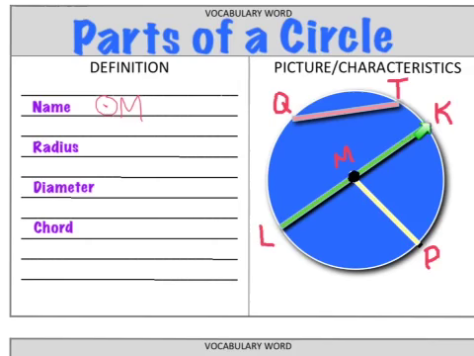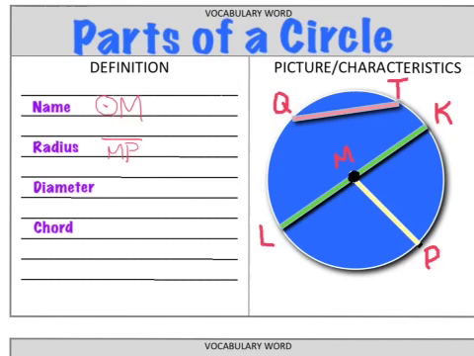That's the plural word for radius, radii. There are 3 of them. Okay, so we can write down any of the 3. I'll go ahead and write down this one. Okay, so that is the radius MP. So it's segment MP.